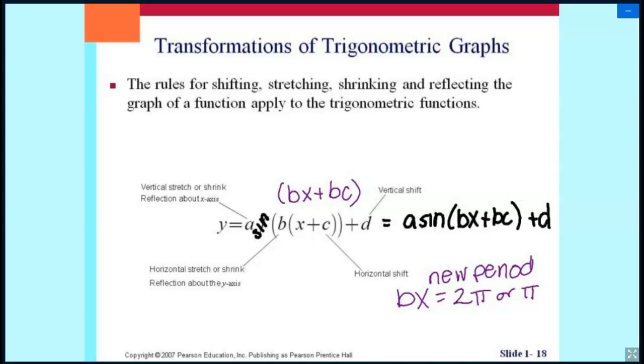In order to find the period of a trigonometric function, you set the bx equal to 2 pi or pi, depending on what the period of the original function is.